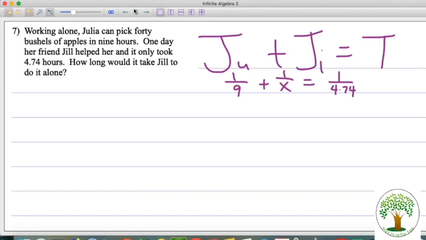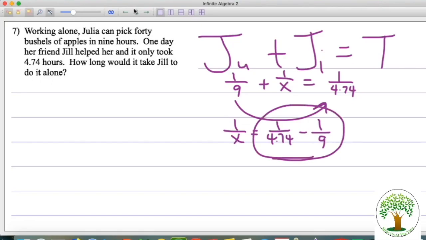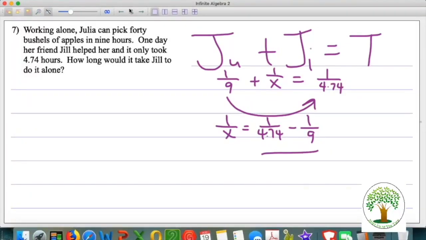Now, how are we going to get that 1/x by itself? We're going to do that by moving that 1/9 over by subtracting. Next, we're going to put this into our calculator. When we do that, you'll get a decimal. Then you're going to take the reciprocal. When you put this portion into your calculator, you should get 71/711.